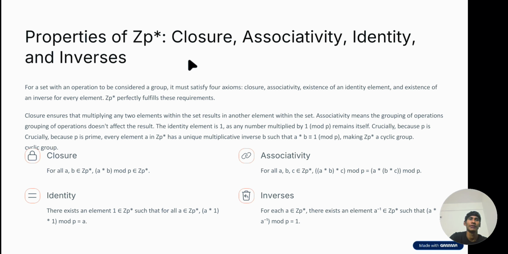Properties of Zp: closure, associativity, identity, and inverse. For a set with an operation to be considered a group, it must satisfy four axioms: closure, associativity, existence of an identity element, and existence of an inverse for every element. Zp perfectly fulfills these requirements.